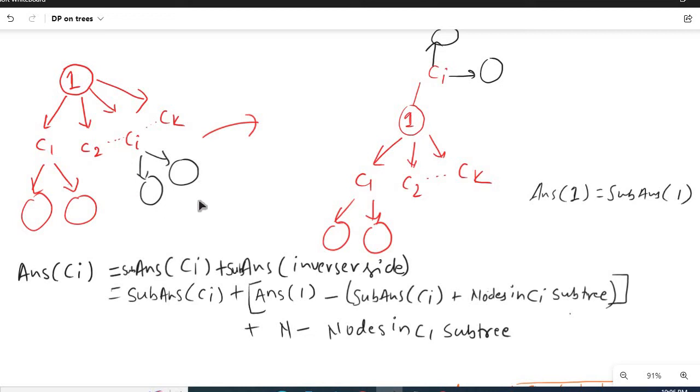So if I remove the contribution of this part, then I am left with the answer excluding this part. So whatever there is in this part.